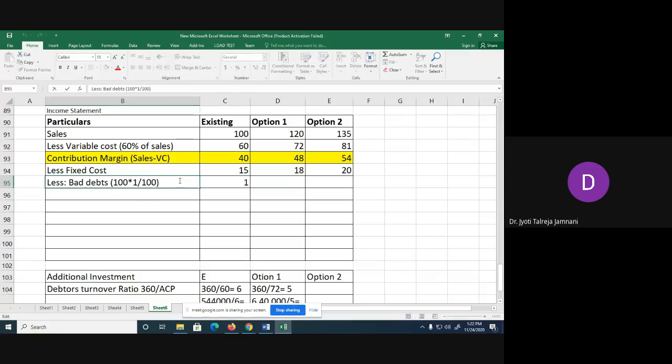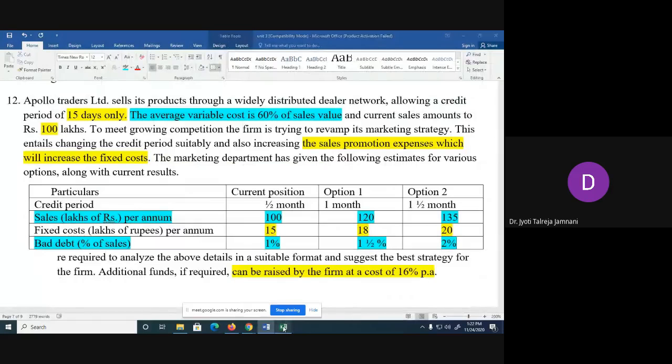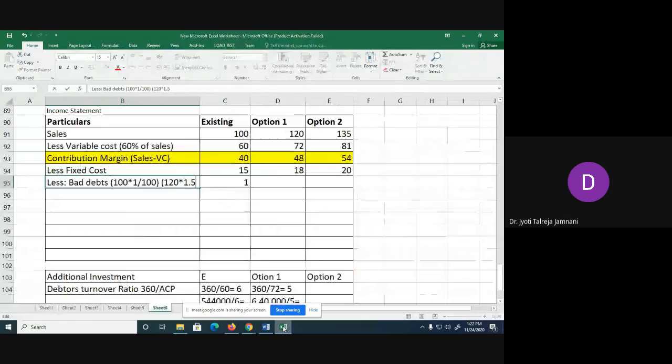Then for the second, the sales is 120 and the bad debt percentage given is 1.5%. So it is nothing but 1.5 divided by 100. So 120 into 1.5%.